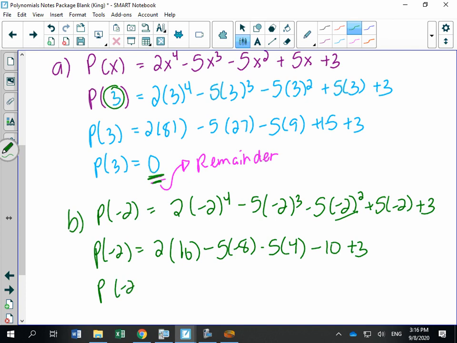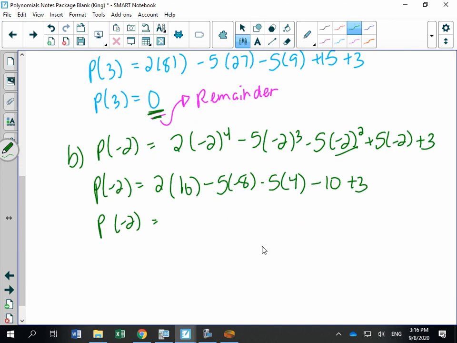P of negative 2, so again, if you input that into your calculator, the output should be 45. And again, this is your remainder. So when you divide your polynomial P of x by the binomial x plus 2, if you did either long division or synthetic division, your remainder would be 45. That's the Remainder Theorem.